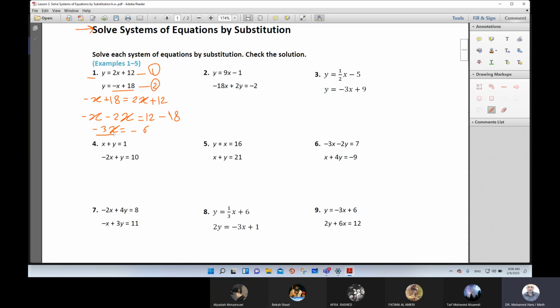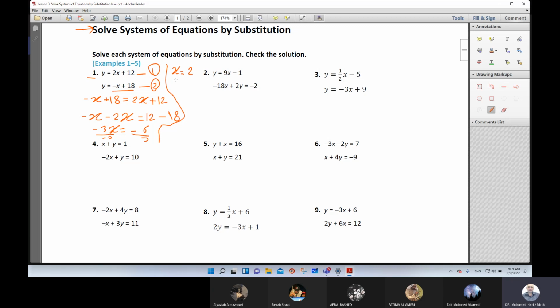So you can divide the two sides by negative 3. Negative 3 divided by negative 3 leaves x. On the second side, negative divided by negative is positive. 6 divided by 3 will be 2. So now we have solved the value of x.